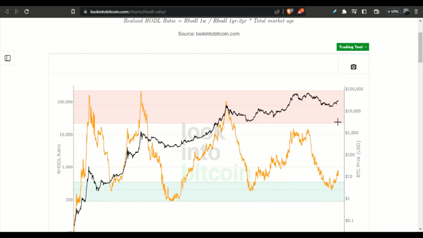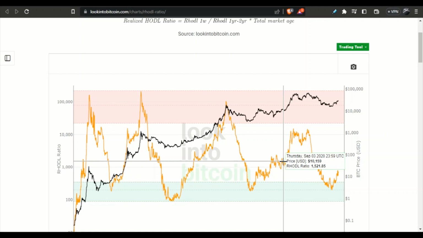So the higher on the ratio we are, the more greedy those 1 to 2 year investors tend to get, because the difference between the price 2 years ago, when they last moved their coins, and the newly moved price is getting bigger.